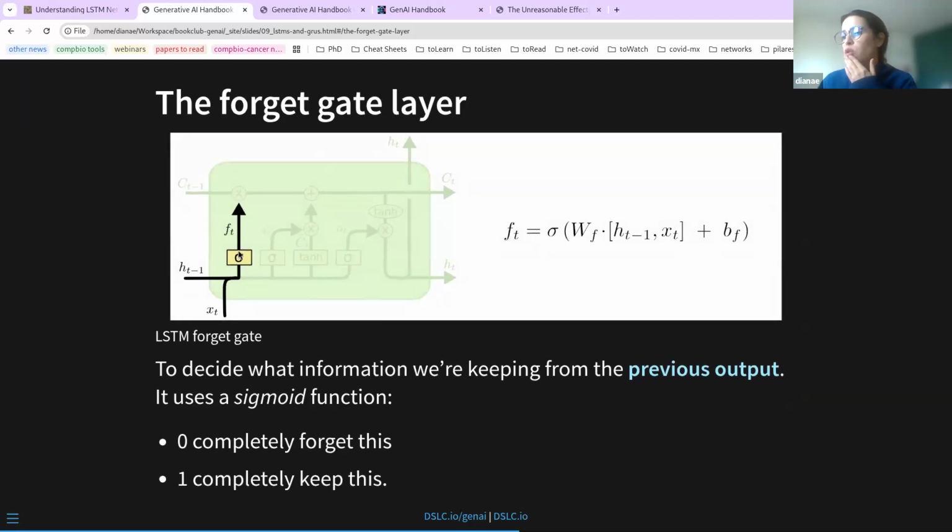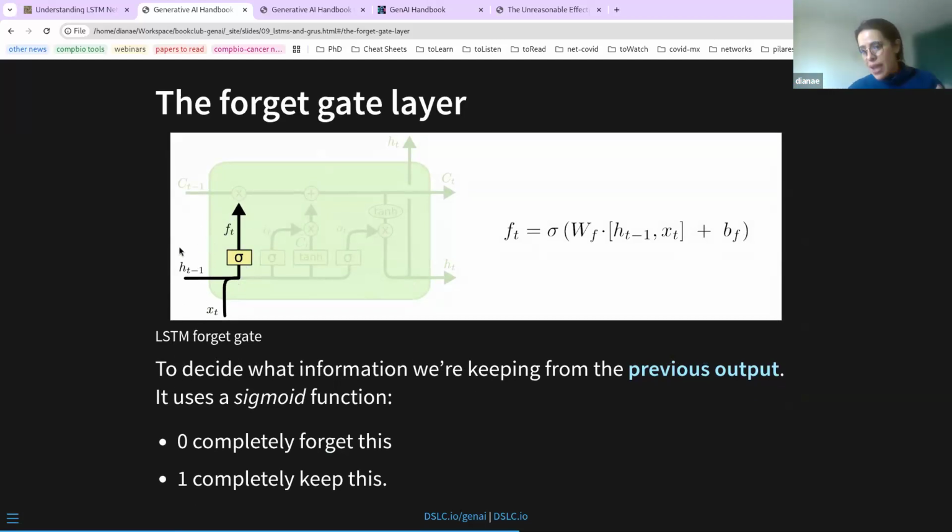And to add or remove things from the cell state, the first module that we see is the forget gate layer. The input of the forget gate layer is going to be the output from the previous time step, and this gate is going to decide what information we're keeping from the previous output.